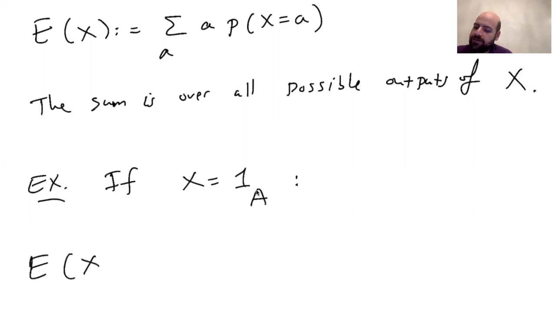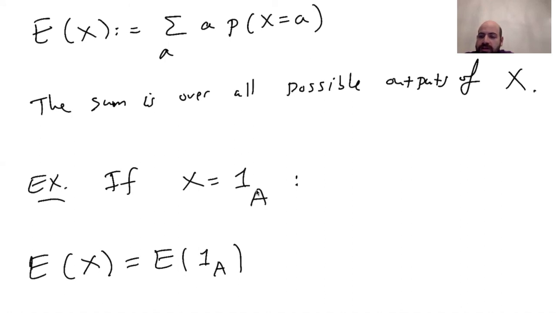Expected value of X equals expected value of 1A. We have to sum over possible outputs of capital X. Remember, a random variable is a function.